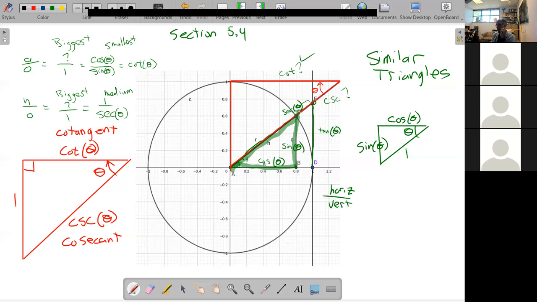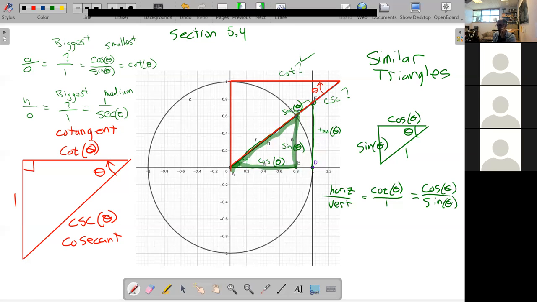On the big red triangle, the horizontal is whatever the cotangent of the angle is, divided by 1. And on my green triangle, horizontal is cosine of the angle divided by the sine of the angle.